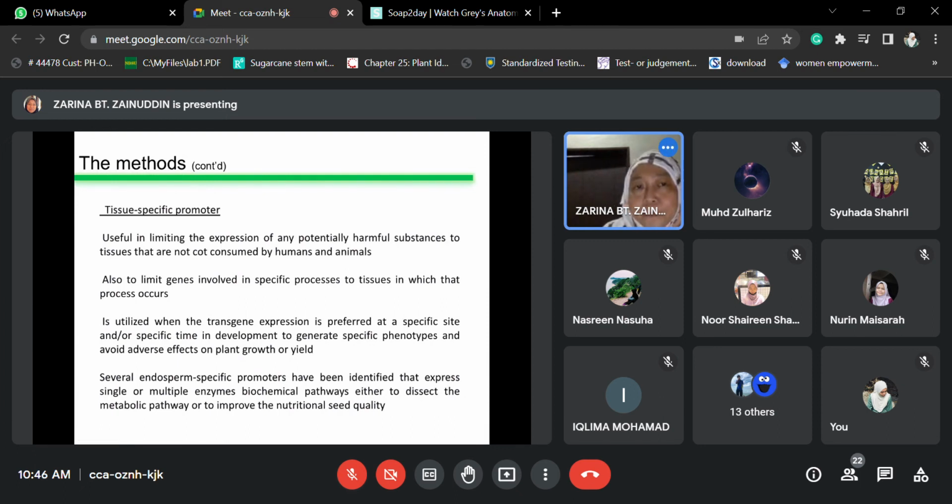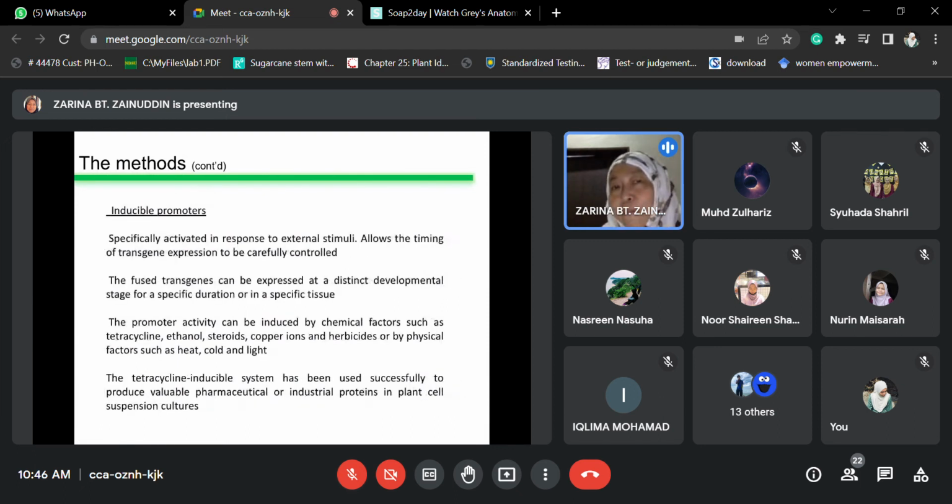Okay. And the final type of promoter is what we call as inducible promoter, where the gene will be expressed only when it's being induced because you use inducible promoter. So this promoter will be active only, for example, when it is being induced. For example, it can be induced by chemical factor.